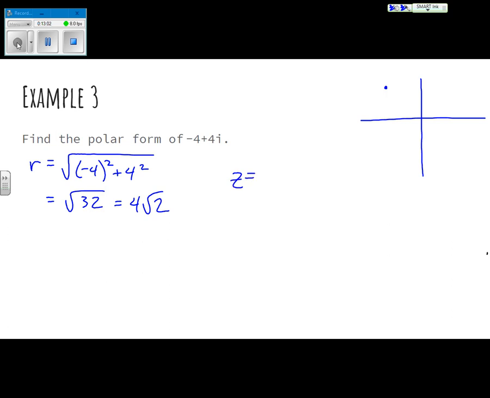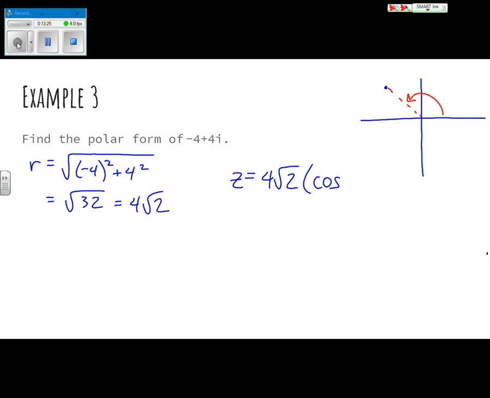So look, I could go ahead and start this. Z is going to equal 4 square roots of 2 times cosine theta. Gotta figure out what that theta is going to be. Well, once again, I don't think it's going to be too bad to realize what this angle is. We're used to finding that angle, but let me give you a formula to help me find it.